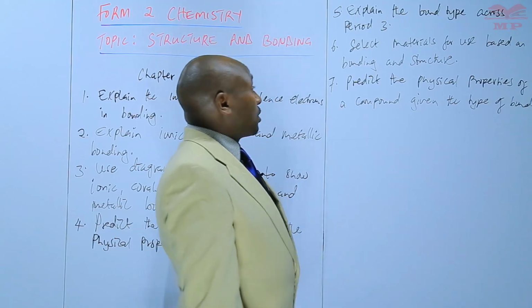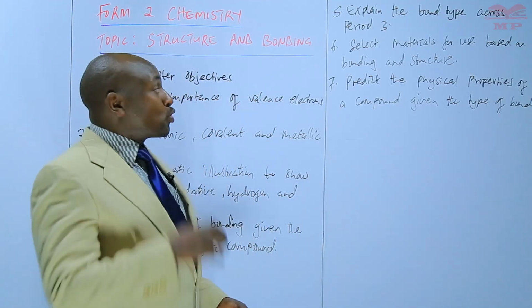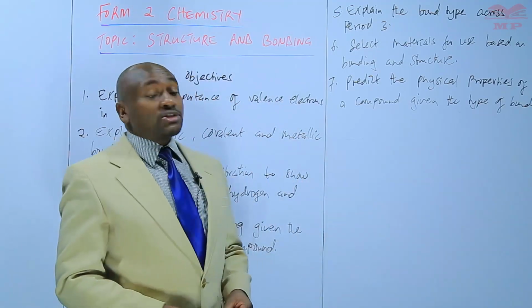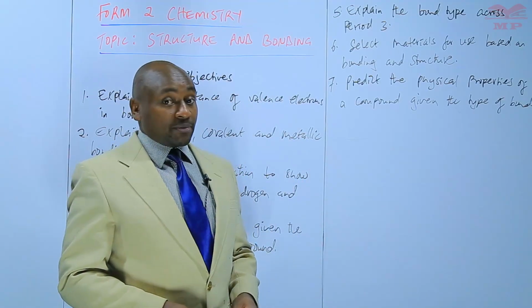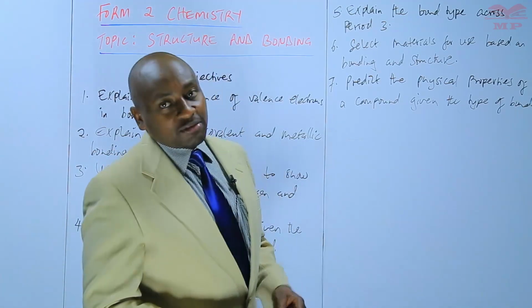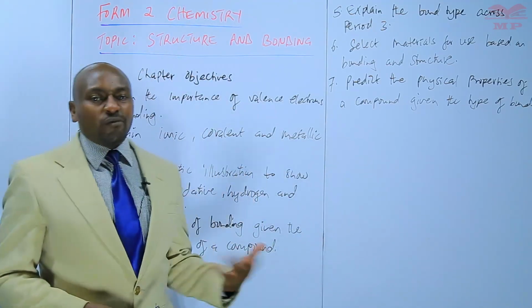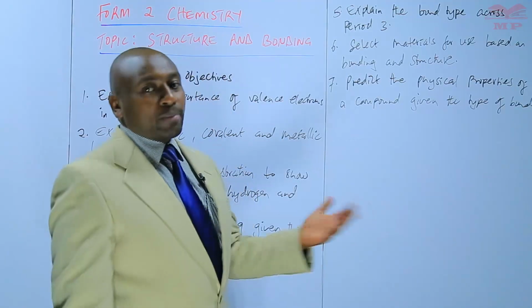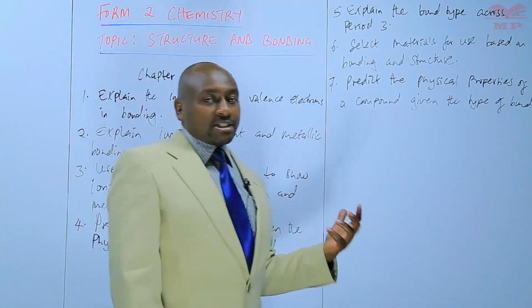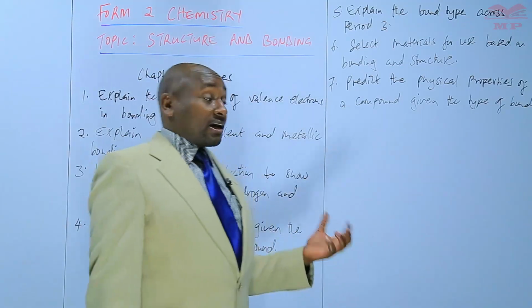And number 6, we should also seek to understand how we select materials for use based on bonding and structure. So for example, why is it that aircraft bodies are usually made of aluminum? What are the properties in that aluminum that make it suitable for use in the making of aircraft bodies?